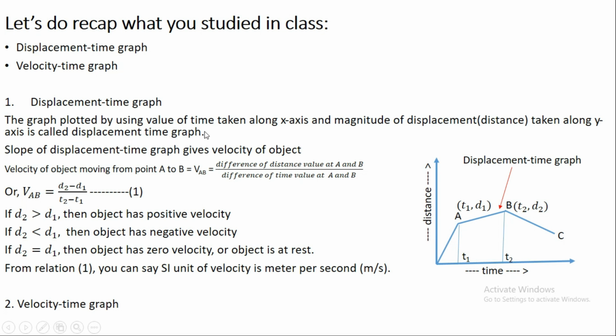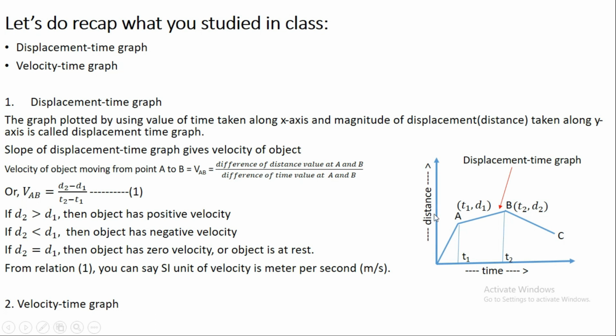Here you can see the independent variable is taken along the x-axis, and the dependent variable on the y-axis. This means how the value of y varies with the value of x, or how the value of distance varies with the value of time. And the slope of the displacement time graph gives the velocity of the object.